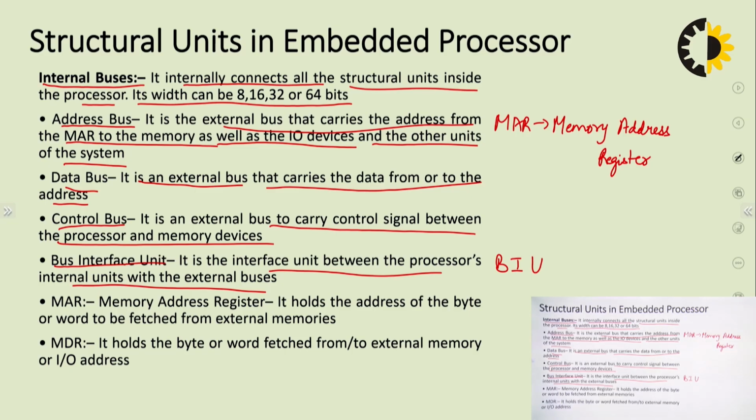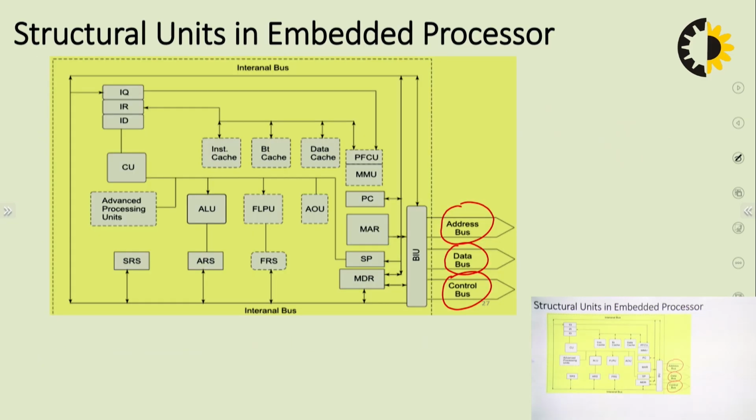So we'll again check the diagram. We have 3 buses, address bus carrying the address between MAR and memory and input output. This is the MAR, memory address register, which we were talking about. Then data bus is carrying the data between your processor and the devices, and this is the control bus which is carrying the control signals between the processor and the other devices. And here we have BIU, that is bus interface unit.